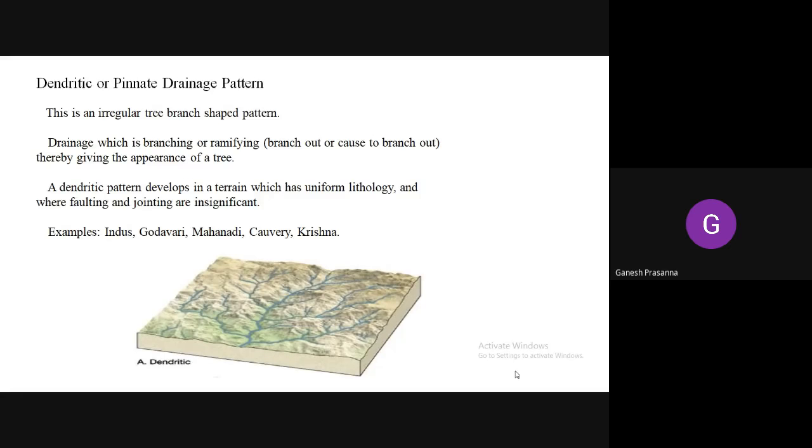Similarly, wherever the river flows over a common rock type, it can be given as a dendritic or pinnate drainage pattern. You can see one main stream which has branches all over it. So these are the dendritic patterns.